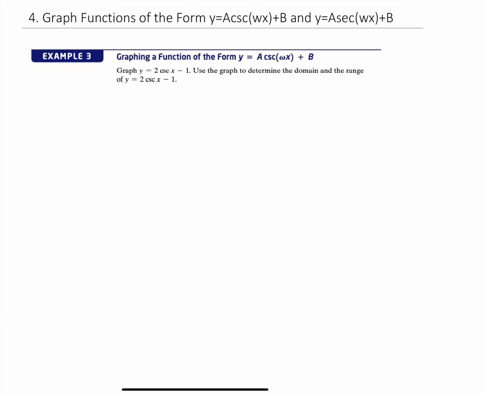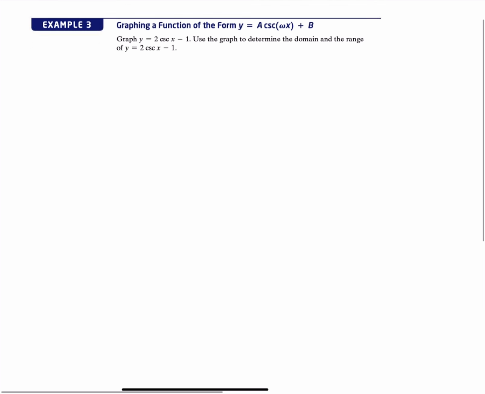So this gives us y equals 2 times the cosecant of x minus 1. So here's our strategy. I'm going to use the related graph of the sine, because cosecant is 1 over the sine.